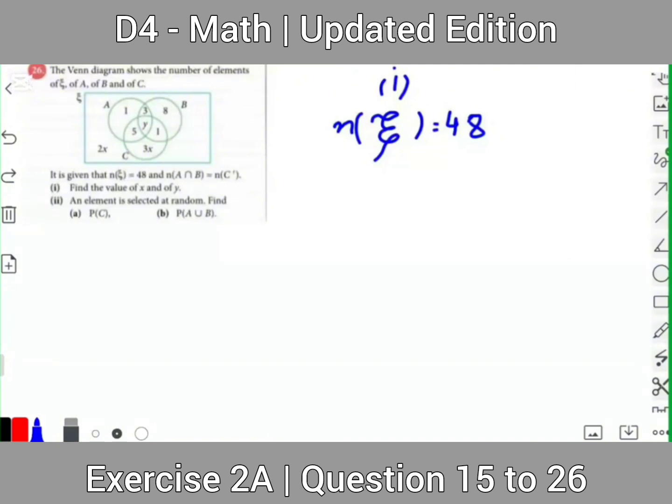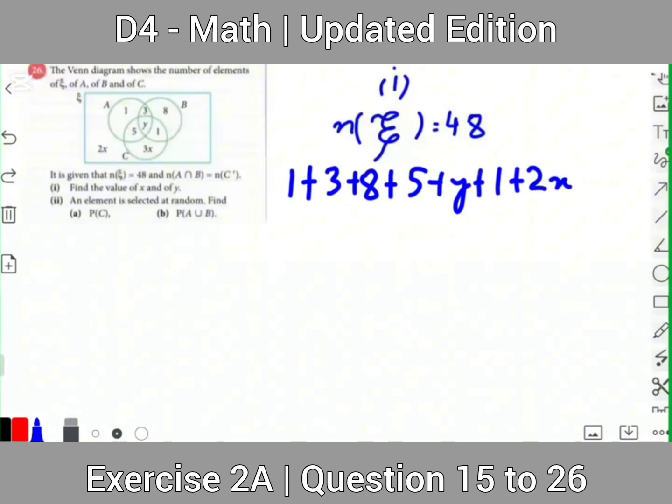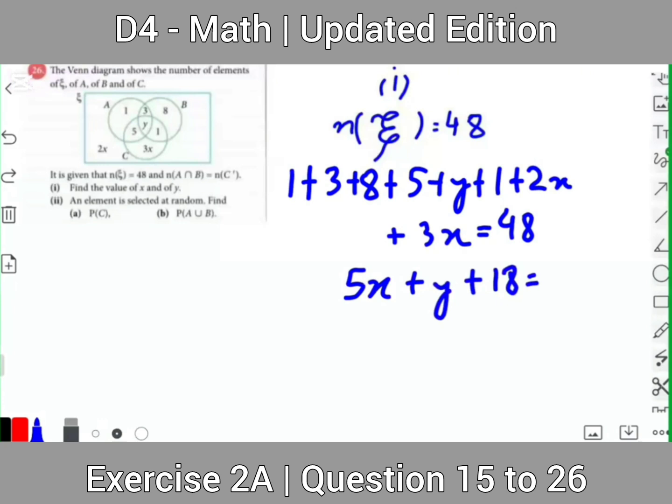So here we have 1 plus 3 plus 8 plus 5 plus y plus 1 plus 2x plus 3x equals 48. And after simplification, it will become 5x plus y plus 18 is equal to 48.